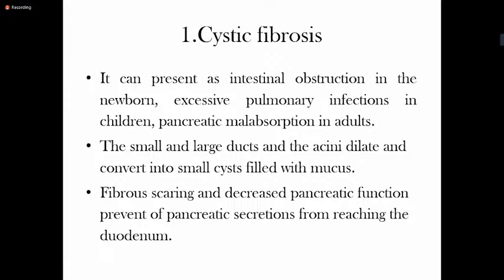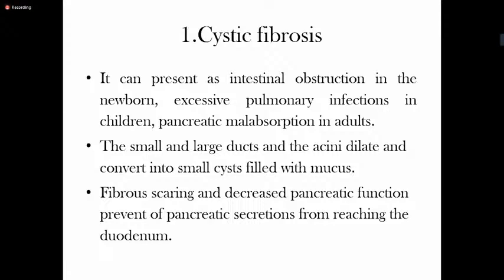The small and large ducts of the pancreas or pancreatic acini dilate, and they convert into small cysts or bullae, okay? And these dilated ducts are filled with mucus. Fibrous scarring and destruction of pancreatic function can prevent pancreatic secretions from reaching the duodenum.